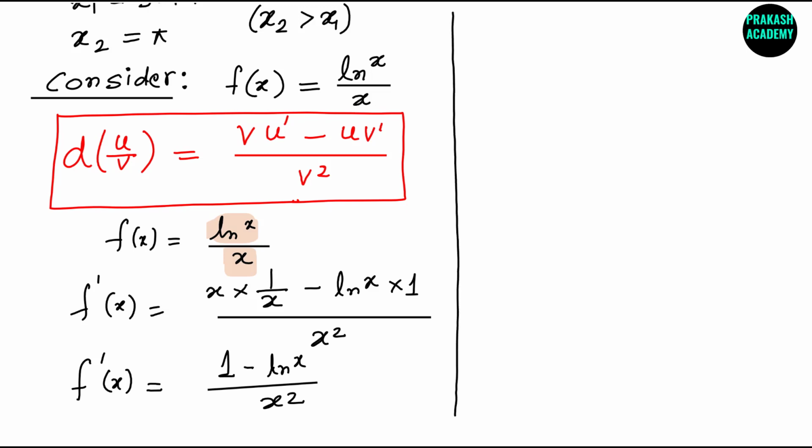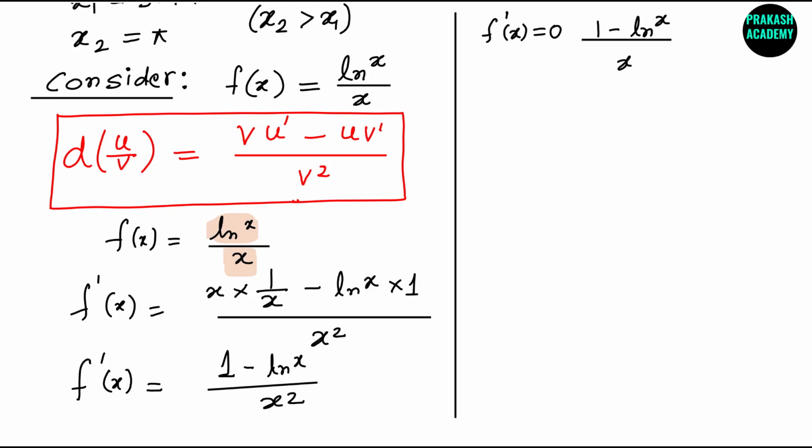Now to find the critical point, that is where the maximum or the minimum will occur, we have to equate it to 0, that is f dash x equals 0. This means 1 minus log x divided by x square is equal to 0. This means log x is equal to 1.